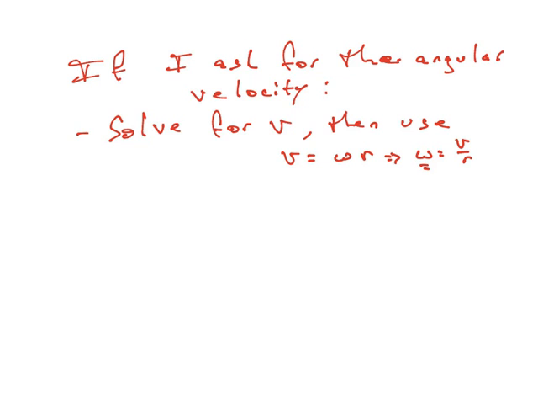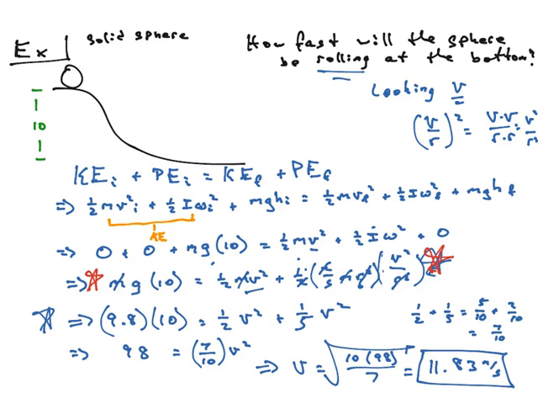Or the other thing you could do is the opposite of what we did. Change all V's to omegas. So everywhere you see a V, you would use omega times R. So for instance, this V right here, you'd call it omega times R, quantity squared.